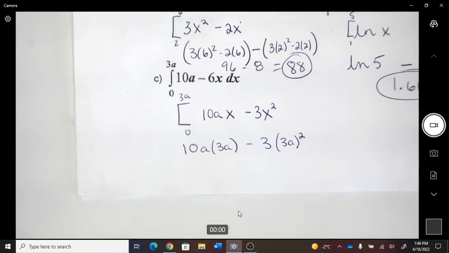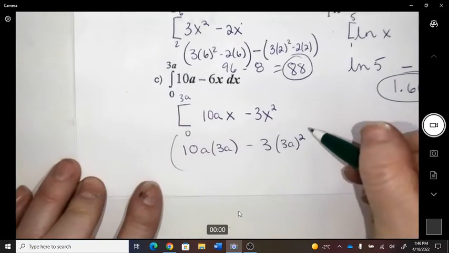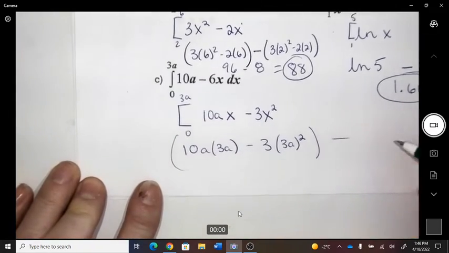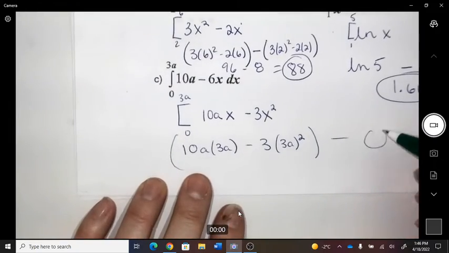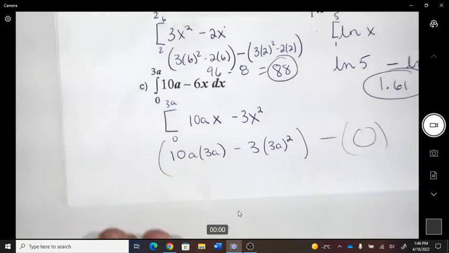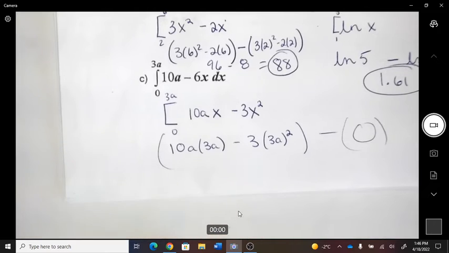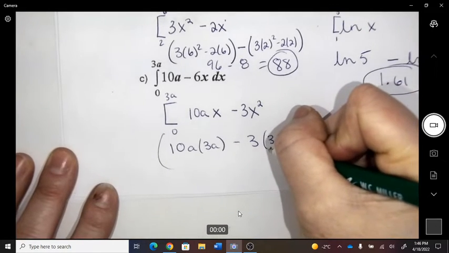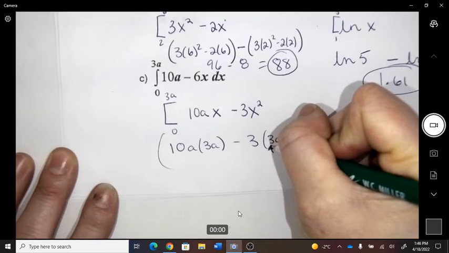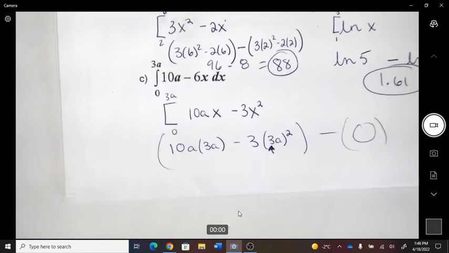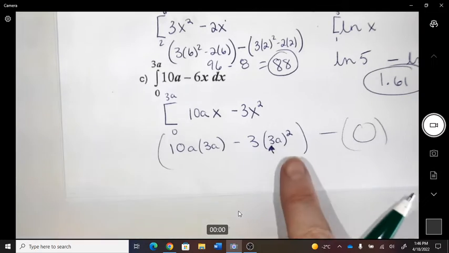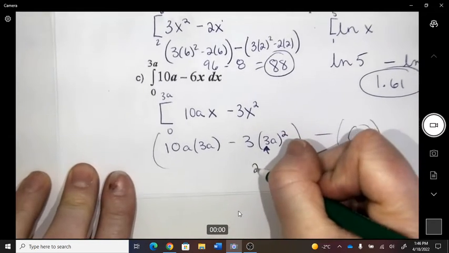Okay, so this is me plugging in 3a to the x spot. Are you okay to understand that the whole plug in 0 will just be 0? You okay with that? I'm not going to plug it in. Okay, guess where I would catch people? I bet you I would catch people doing their math on this. Because don't forget, you have to square the 3. So 9, and then times the 3.